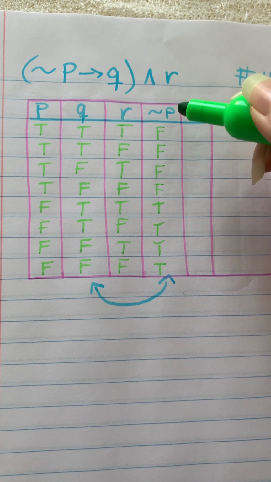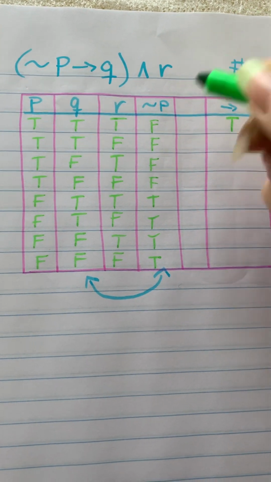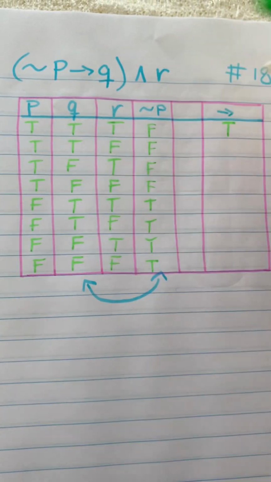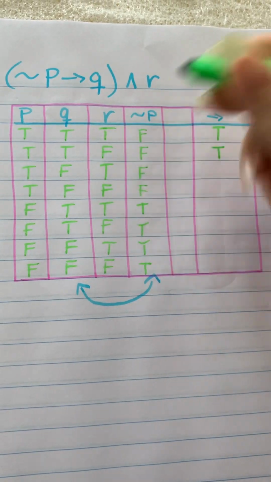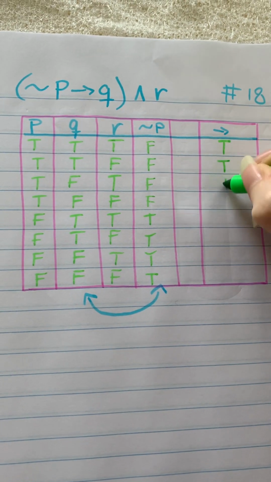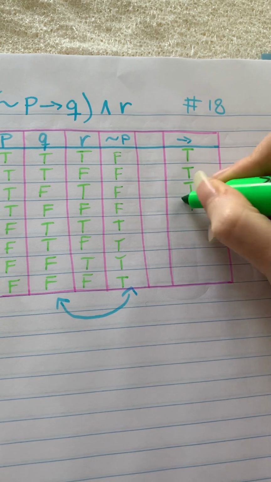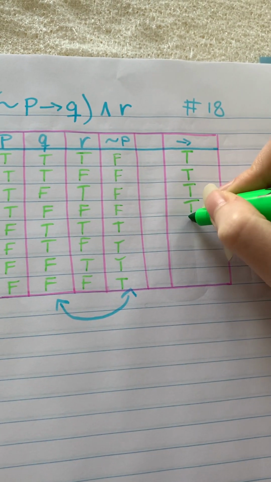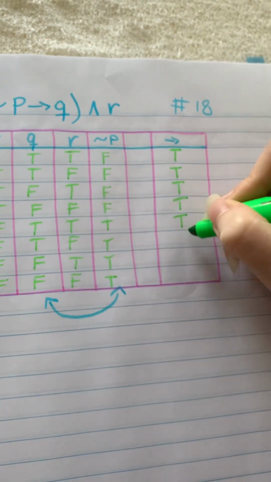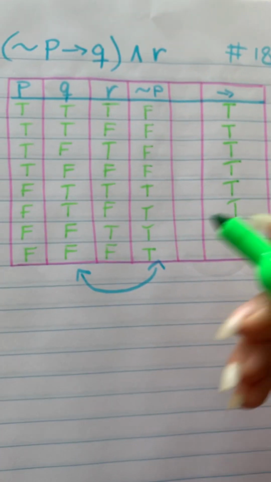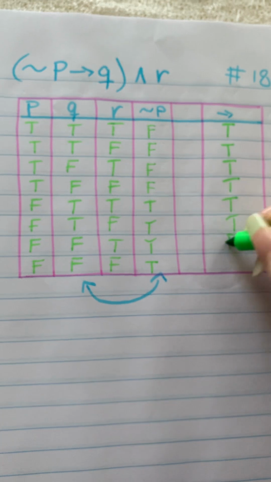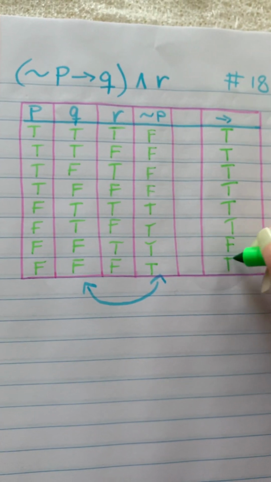There is no broken promise, so it is going to be true. False, true, it's going to be true. False, false, it's obviously just going to be true. False, false, true, true, true, true, true, true, true, true. Oh, true, false, that is a broken promise, so it's going to be false. And true, false, another broken promise, like that.